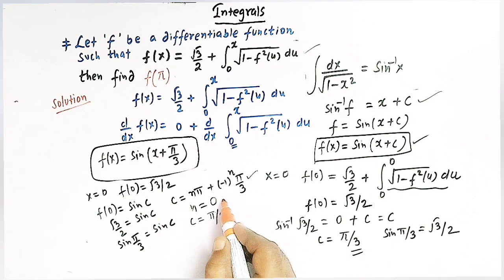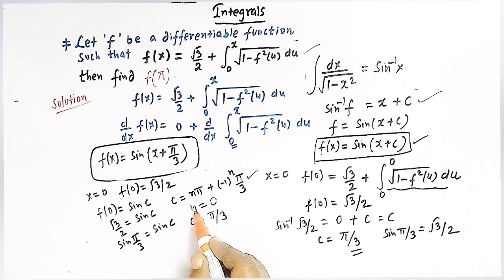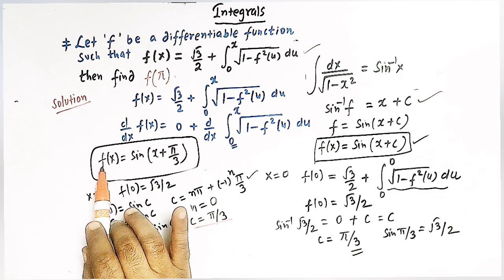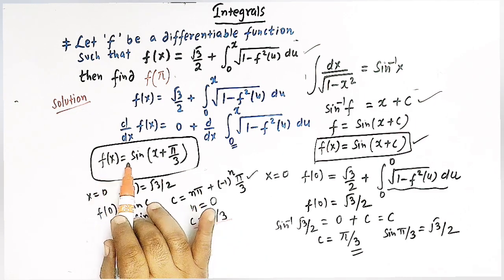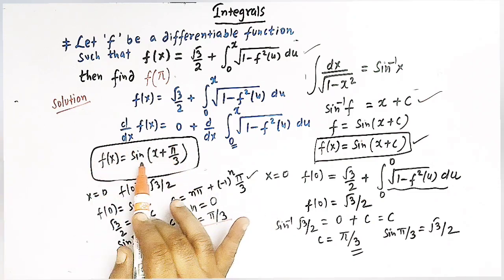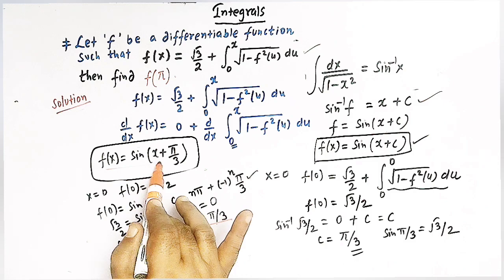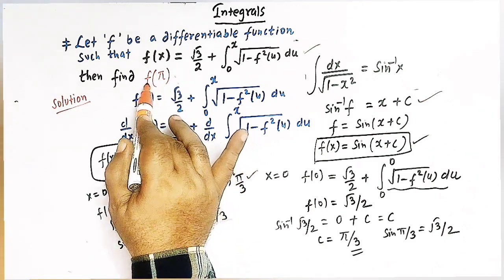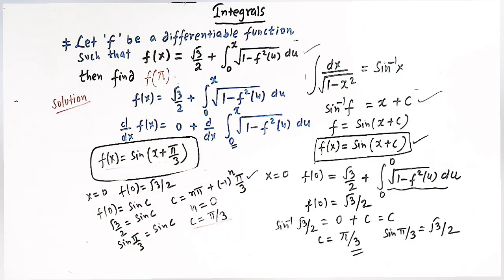So in the present case, we have just taken n is equal to 0, and corresponding to n is equal to 0, we have c is equal to pi by 3, and our function is given by f of x is equal to sine of x plus pi by 3. Accordingly, using this relation, we have calculated the value of f of pi.